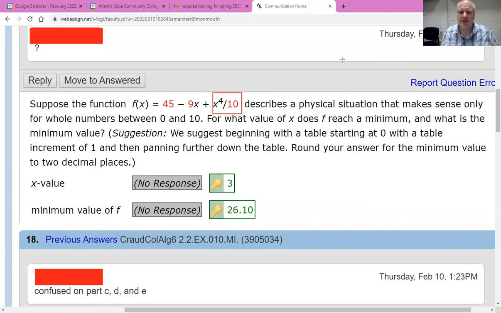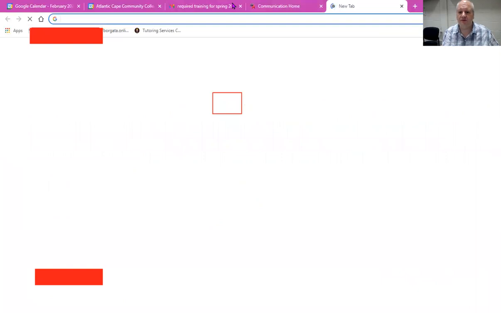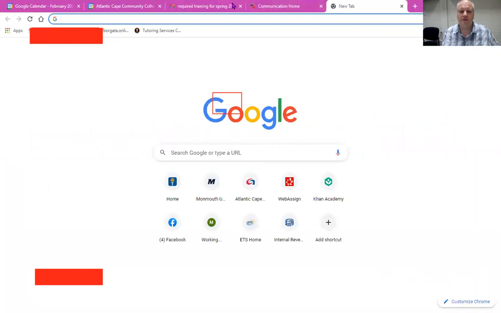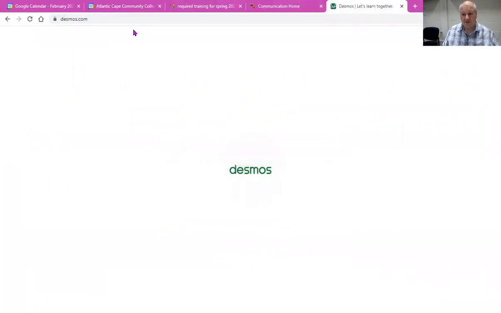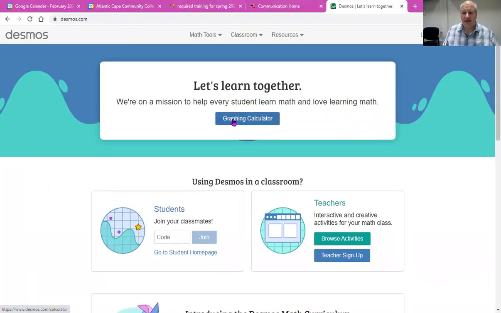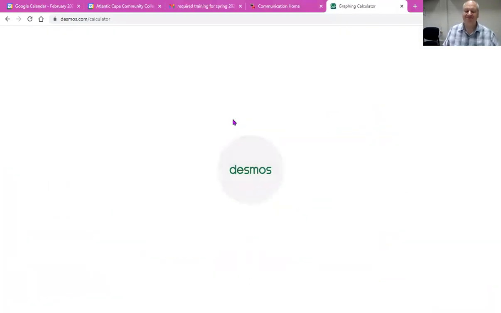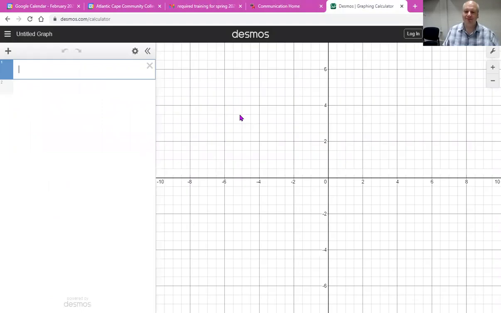Okay. So now that being said, let's take a look at Desmos. I'm going to go into Desmos. When you get into Desmos, you can go right to Graphing Calculator, like so. I'm going to put that formula in here now, but I'm going to write it as y equals.